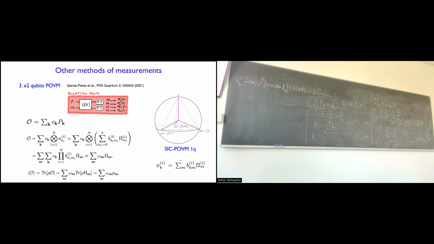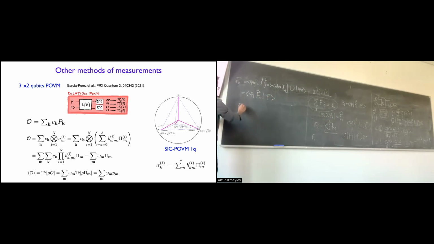Okay. So therefore, if we want to define something of this kind, Fi applied to, let's say, F0 phi, right?